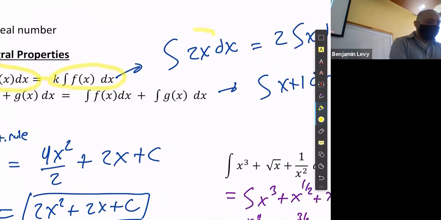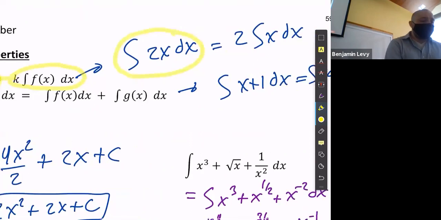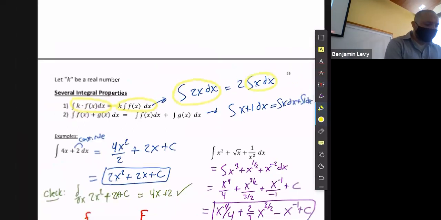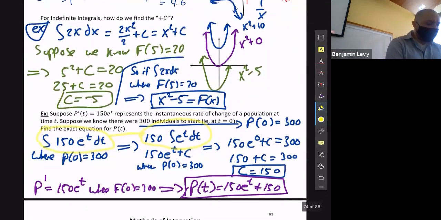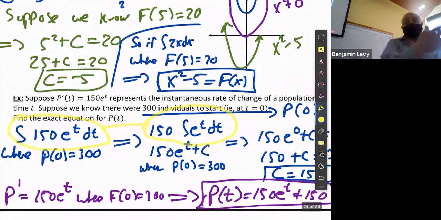Like if you're integrating 2x, you don't really care about the 2 so much. You just think about what's going on with the x. So that's what was going on with that 150, right? The 150 was just a constant multiple that doesn't have a t, and so it doesn't really come into play.